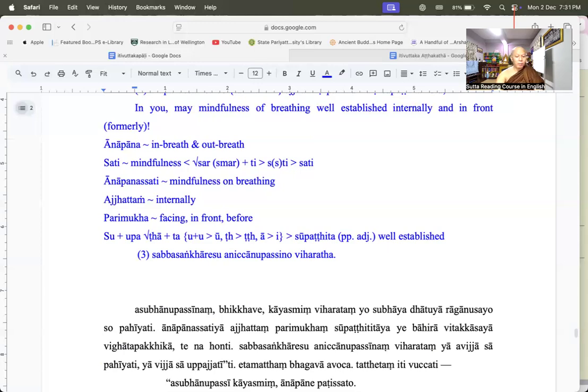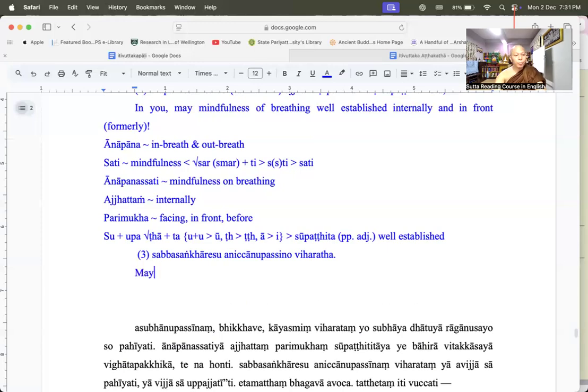Okay, that is why I will just translate directly. So may you dwell contemplating anicca, impermanence, on all conditioned things.